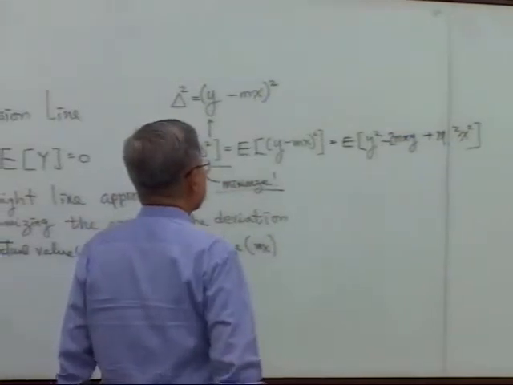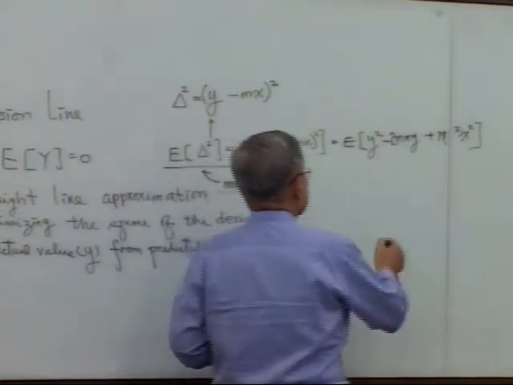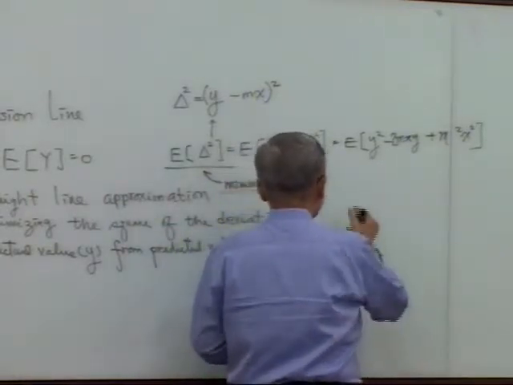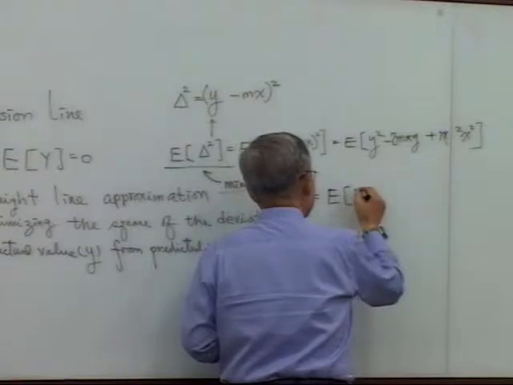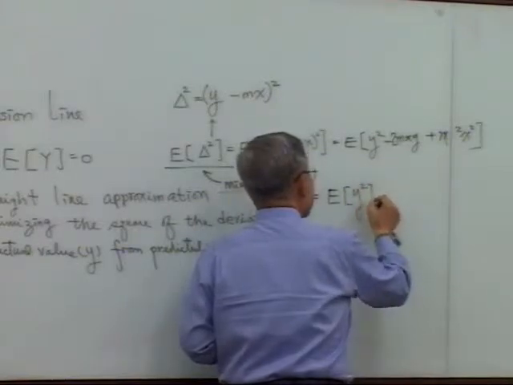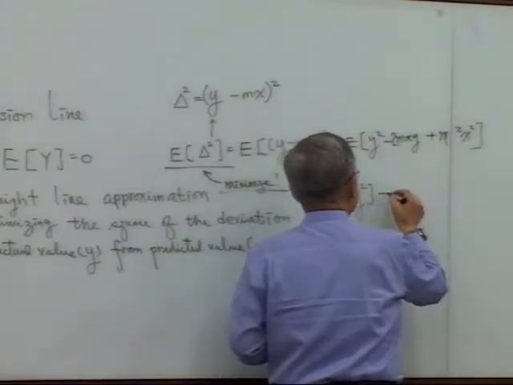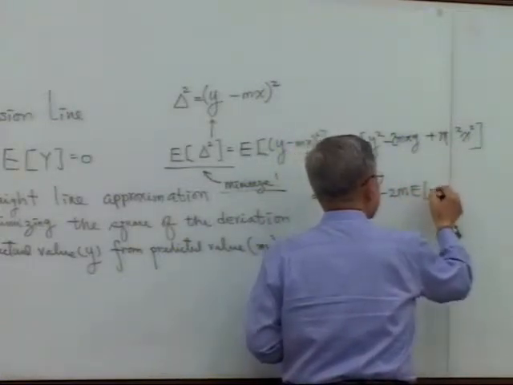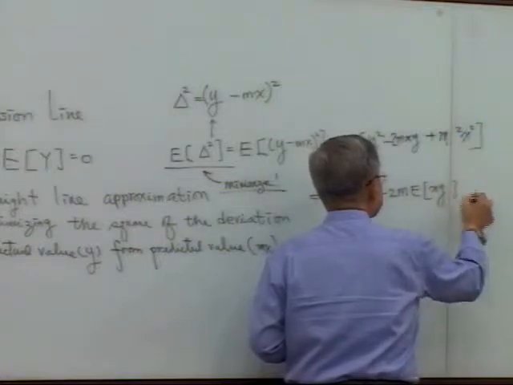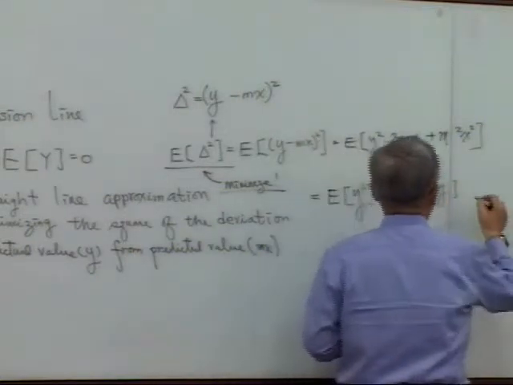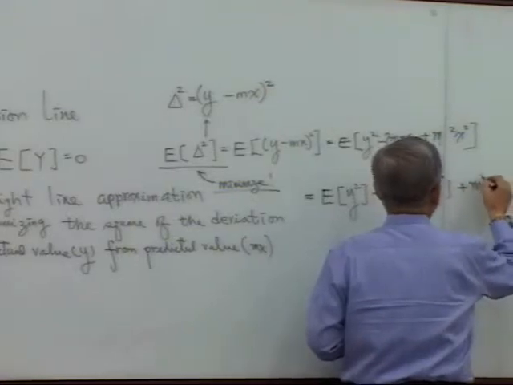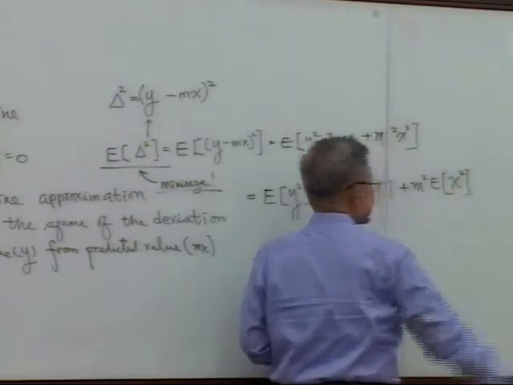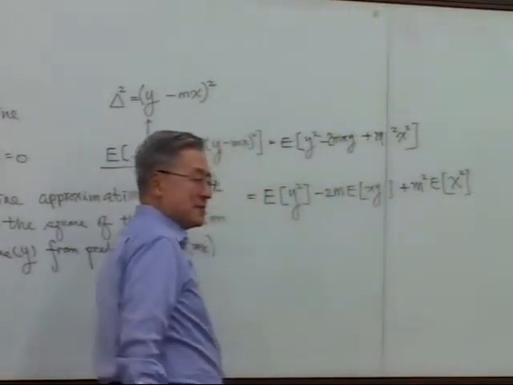Now I'm going to really open it up. E of y squared, minus 2m, because m is a constant, E of xy, plus m squared E of x squared. Make sense? Yeah.